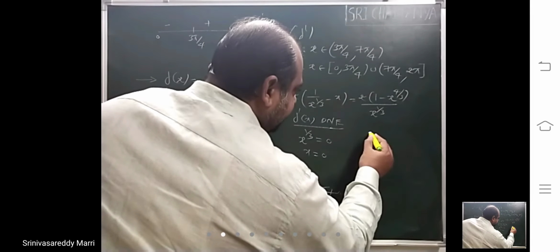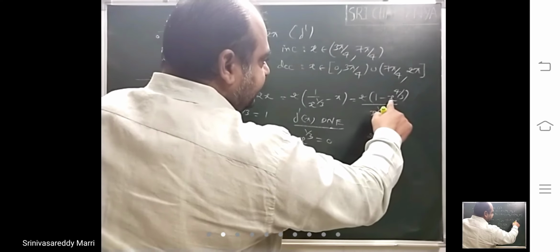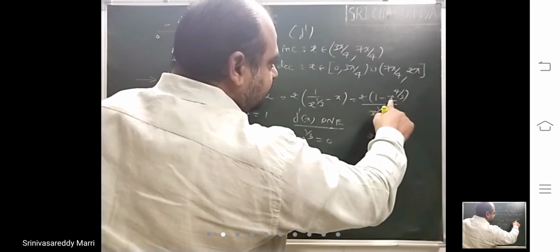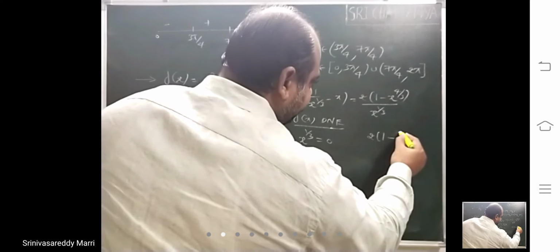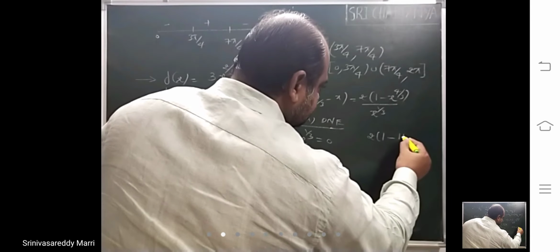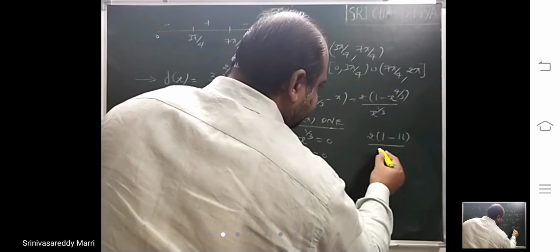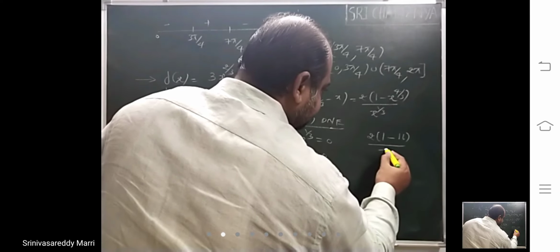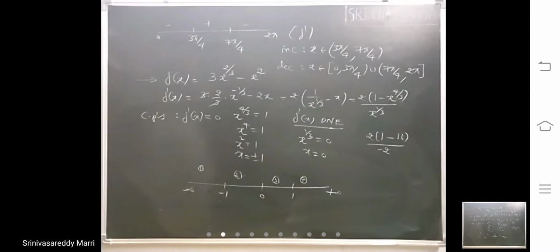So minus 8 means minus 2 whole cube, 3 will get cancelled, minus 2 whole power 4, that means 16, divided by minus 8 whole power minus 1 by 3 minus 2. I am getting negative divided by negative, positive.